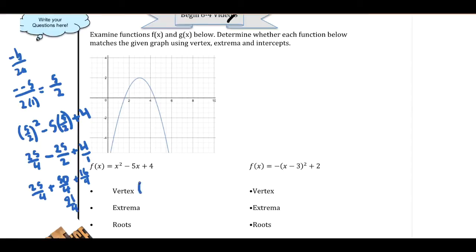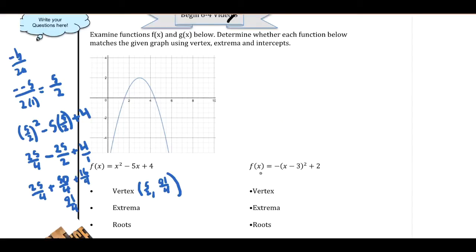So my vertex is going to be 5 halves and 91 fourths. So 5 halves would be 2.5. And I am going to look to see if that matches. Right now it doesn't look like it's going to match. But let's go ahead and look at our other characteristics just to be sure.